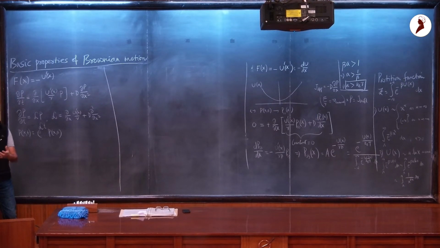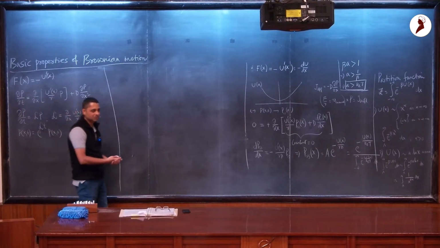So how do you find whether an operator is Hermitian or not? What is the definition of a Hermitian operator?